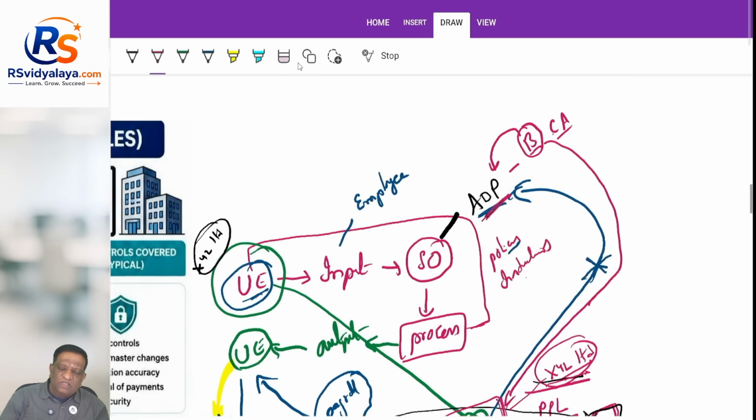The logical flow is that B would give it to XYZ Limited, and XYZ Limited will pass it on to A. So, if you look at the whole summary, the user entity is giving the inputs, and the service organization is processing the data.